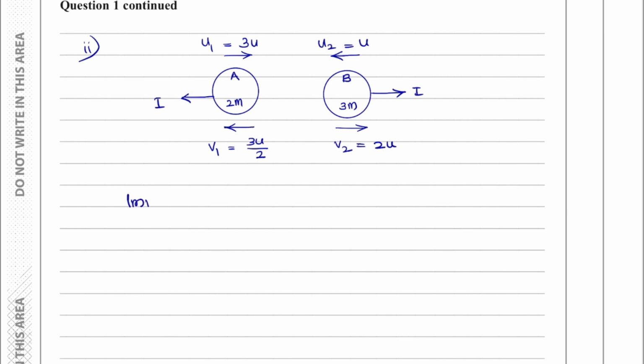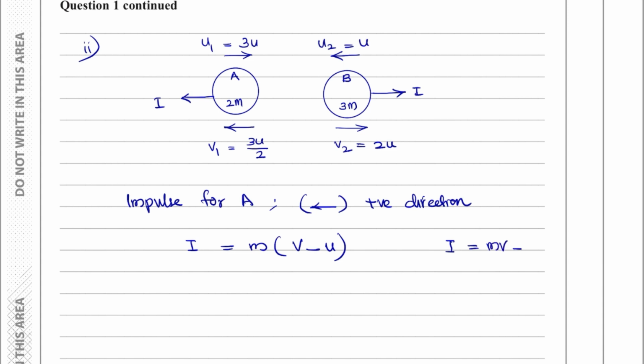So impulse for A. I can take this as my positive direction. We know the impulse momentum principle: I is equal to mv minus mu.